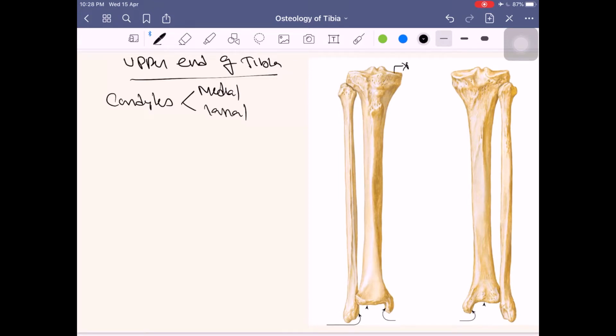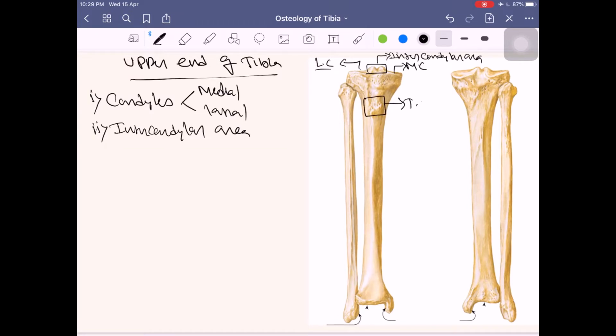This one is your medial condyle and this is your lateral condyle, and between the two condyles you see that elevated area, which is called the intercondylar area. So we will study the condyles, the intercondylar area, and then the tibial tuberosity. These are the three things we will talk about in the upper end.